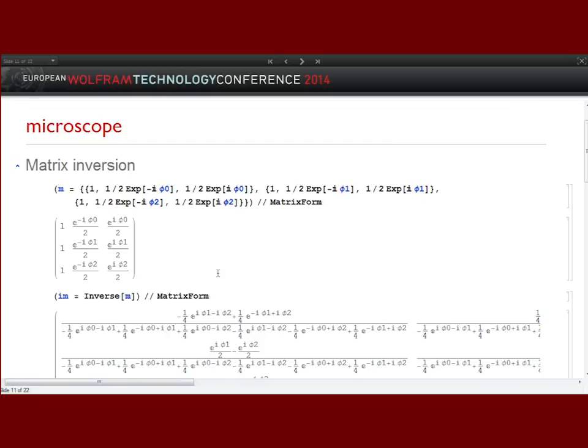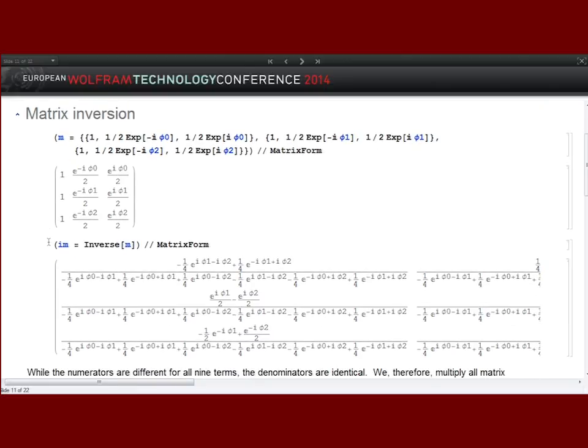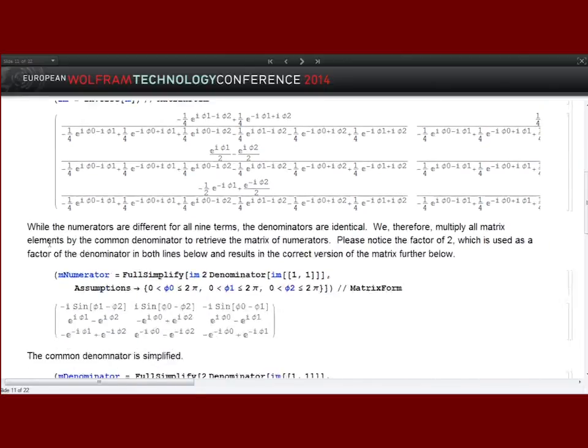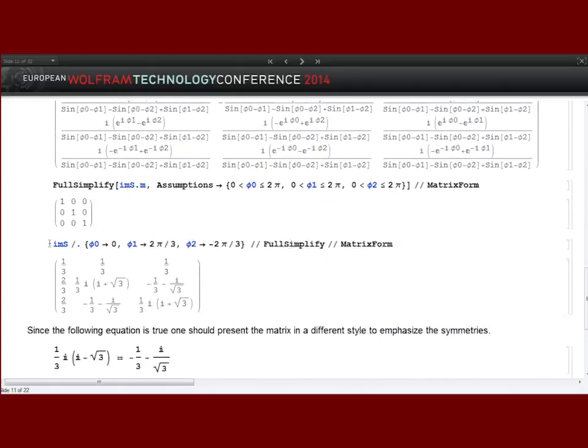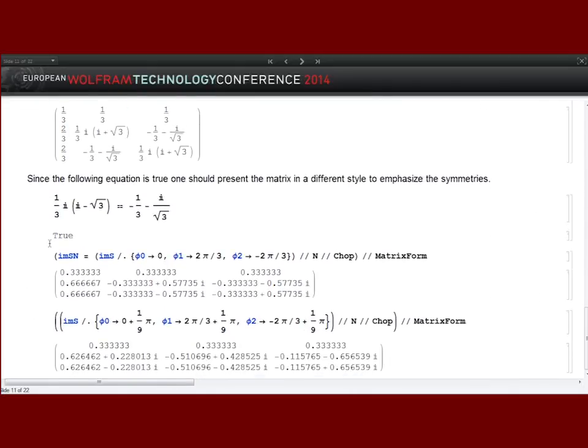Okay, now the real part is to perform the matrix inversion, because, of course, as you saw before, the information that I'm really interested in was here on the right-hand side. Okay, so that is something that is relatively simple. Here's the whole calculation, but I will skip through it. It doesn't really matter. It's something you can do quite easily. But in the end, we really have the inverted matrix.